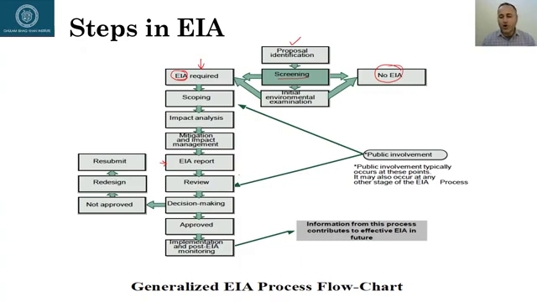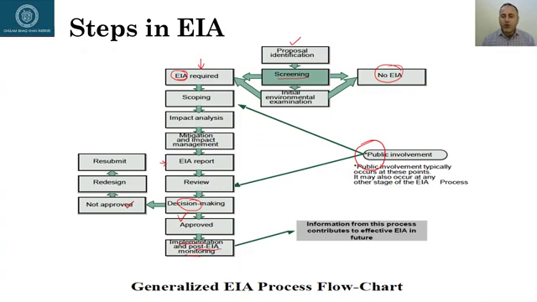A regulator or the public reviews the report and then makes a decision. The decision can be either approved or not approved. If it is not approved, you cycle back, redesign the project and resubmit it for evaluation. But if the project is approved, then of course you go to the implementation stage and post-EIA monitoring.